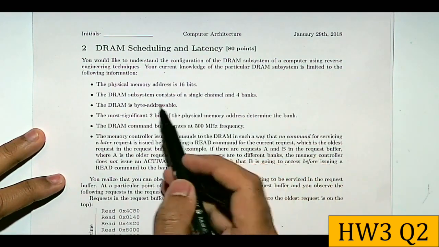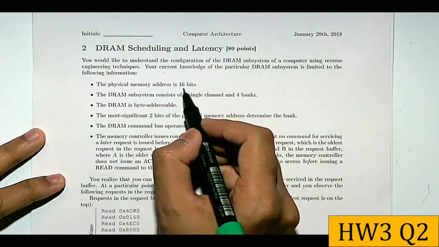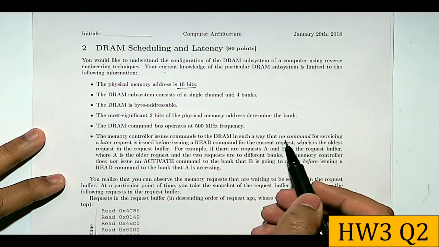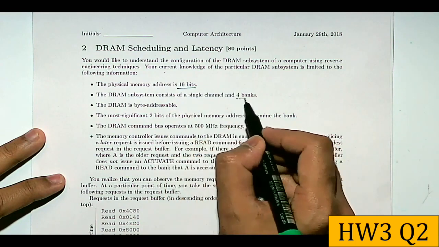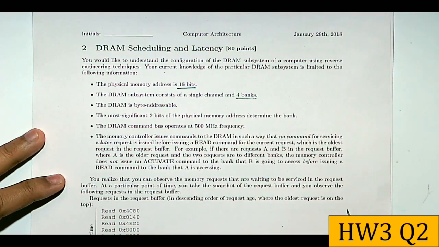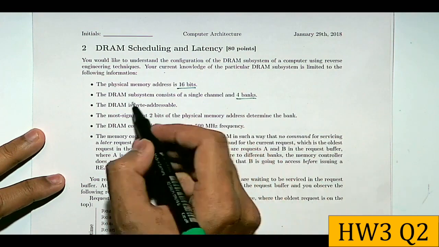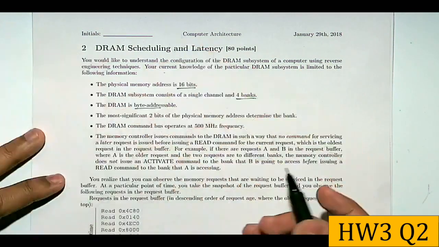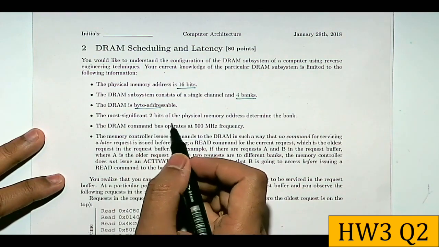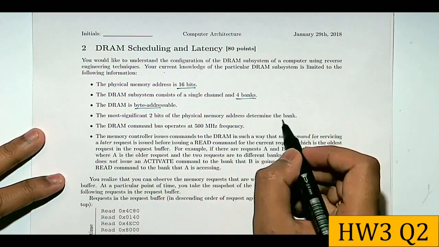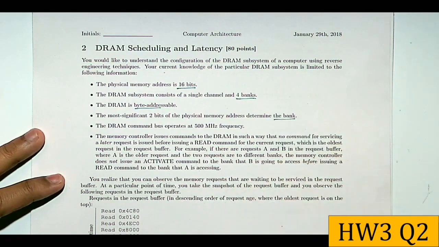The physical address is 16 bits, and the DRAM subsystem consists of a single channel and a 4-bank system. The DRAM is byte addressable. And the most significant 2 bits of the physical address determine the bank. So you know how to decode the physical address to get the bank number.